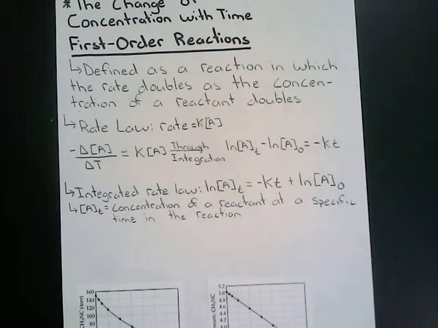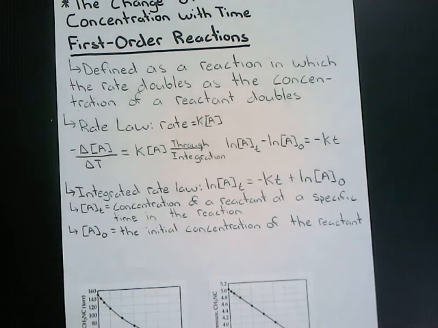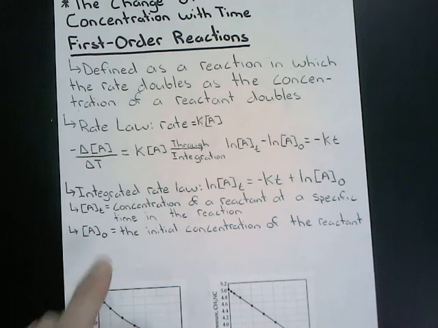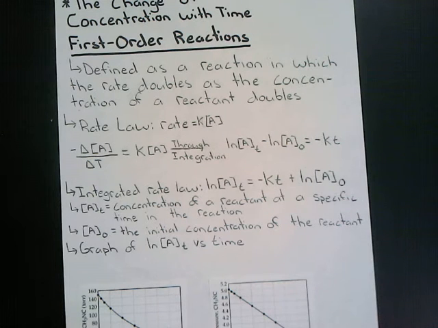So now what we need to talk about is the graph of the natural log of the concentration at a specific time versus time. There are two things that we need to know.